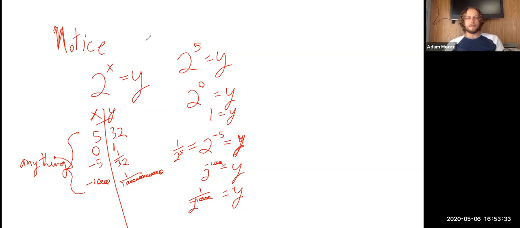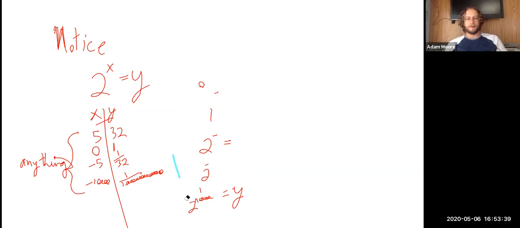But I do see something happening funny with the output numbers. Notice something with me on the output numbers. Notice how it doesn't matter if you plug in a positive or a negative or even 0.